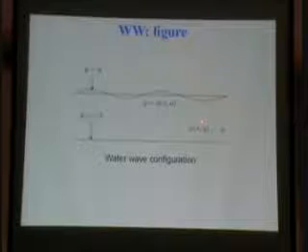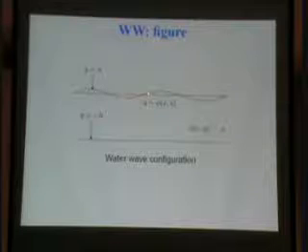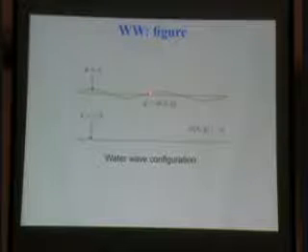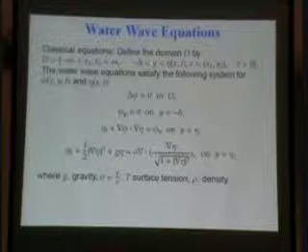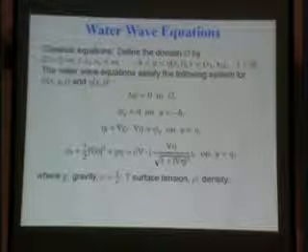The velocity potential, and Q is the velocity potential on the free surface. Okay? And eta is the free surface. So y is between minus h and eta, x1, x2 horizontal.